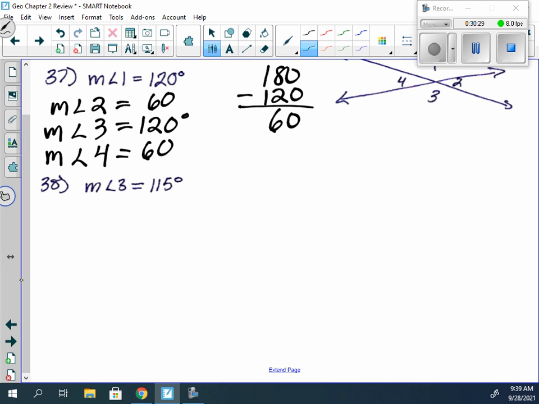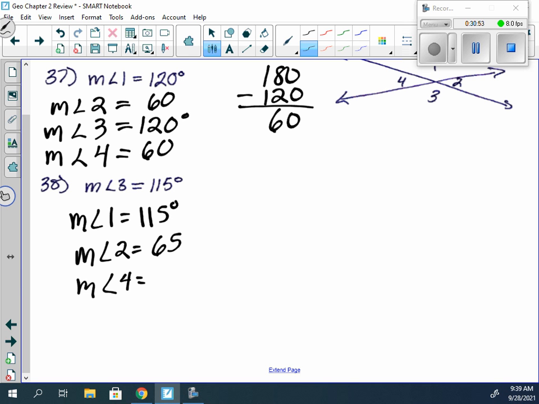So this one here, well, the measure of angle 1 would be 115 degrees, because 3 and 1 are vertical angles. 2 and 4 are vertical angles. Well, to find out what 2 and 4 are, we can take 115 and subtract it from 180, which would be 65 degrees.